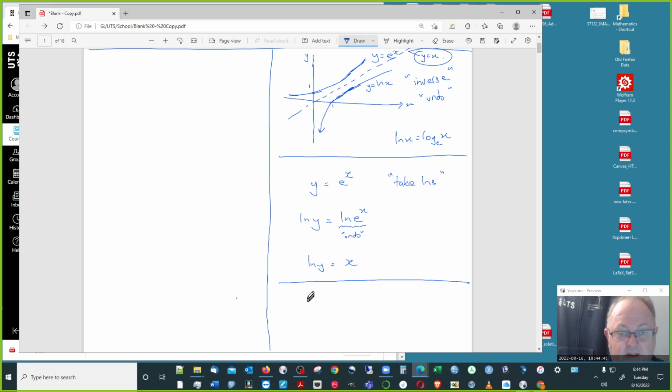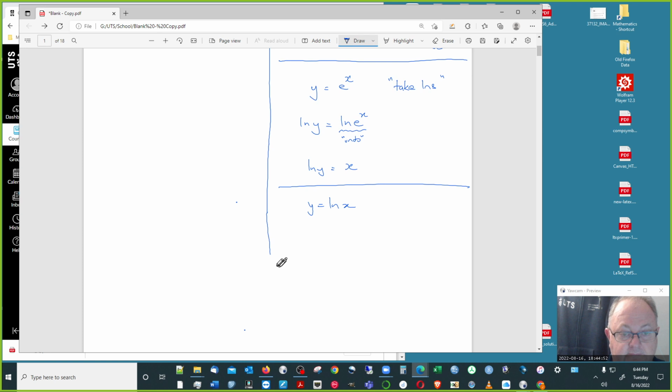Let's try it again. Let's try y equals the ln of x. What's the operator on x? It's the logarithm function. So how do we undo that?